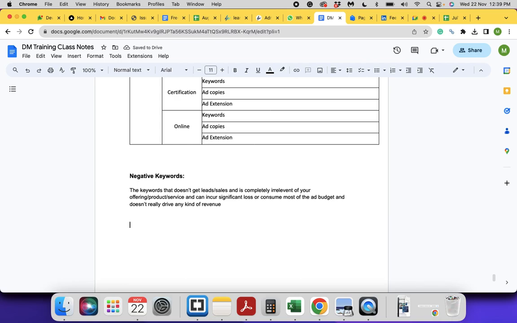So search terms are the terms used by people on Google, which usually trigger the ads on the basis of the seed keyword.